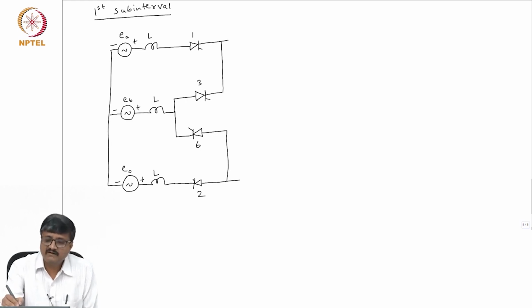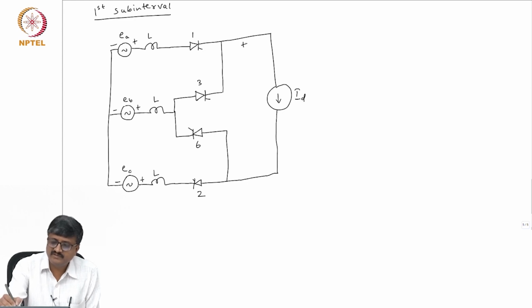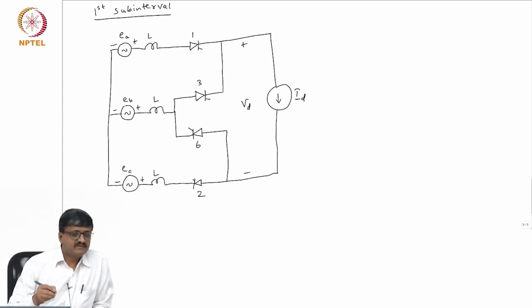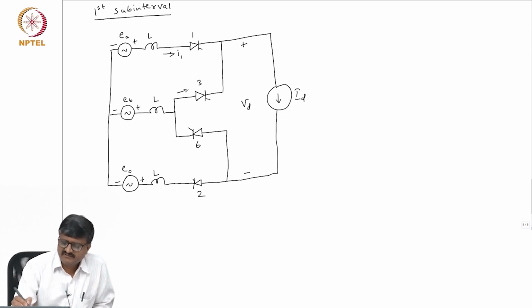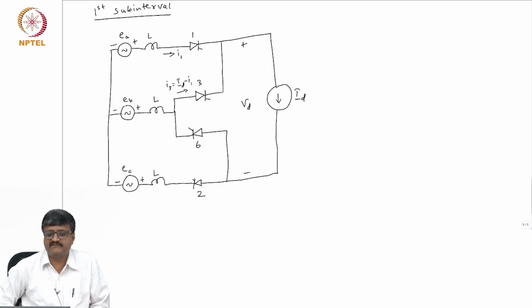Okay. And the DC side has a current source ID. So, this is the positive terminal of the DC side, this is the negative terminal, Vd is the instantaneous voltage. So, suppose I show the current through valve 1 as I1, and this is I3, and I3 happens to be equal to ID minus I1 in the first subinterval.